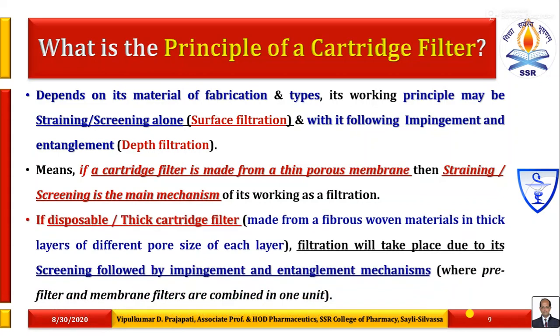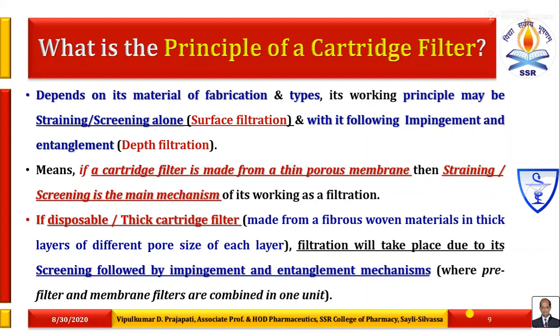If it is a disposable or thick cartridge filter made from fibrous woven materials in thick layers of different pore size in each layer, then filtration will take place due to screening followed by impingement and entanglement mechanisms, where the pre-filter has the large pore size and the membrane filters are combined in the next layer in a single unit.